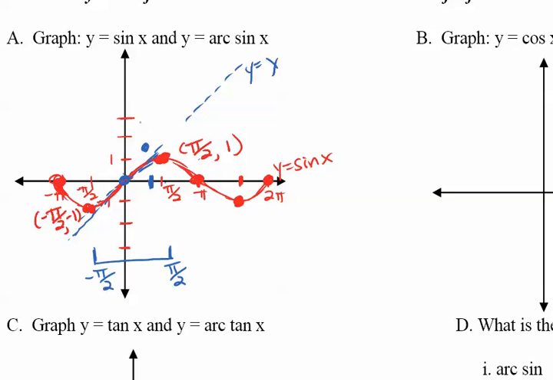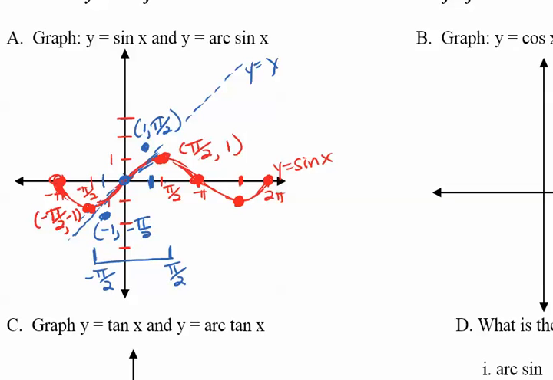And the endpoint on the negative pi over 2, -1 is going to be at -1 comma negative pi over 2. So it's very helpful if you remember that you're folding across that 45-degree line.